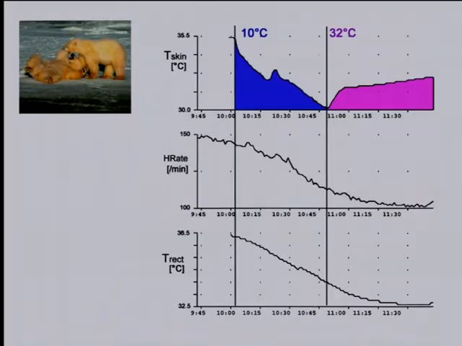Next slide. For that reason, we always measure skin temperature, which is more sensitive to the temperature changes in the mattress and in the cooling fluid. You can see the skin temperature already falls rapidly here, while the rectal temperature only starts to react about 5 to 10 minutes later. The same is true for changing the temperature of the perfusion fluid.